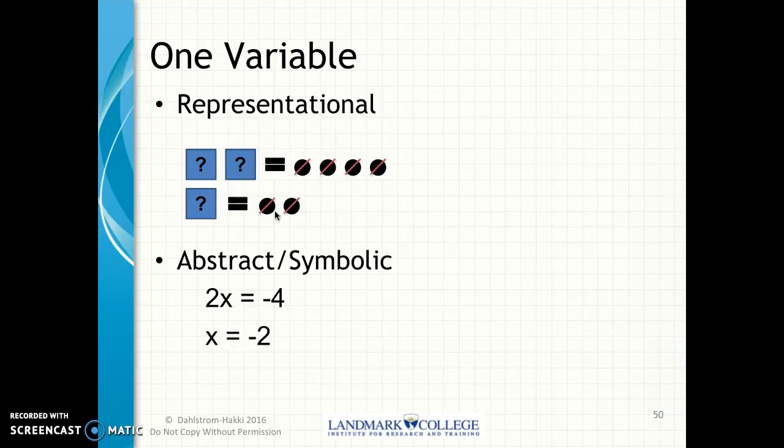And that can then be bridged onto a fully abstract symbolic representation. So here I have 2x, and that represents my 2 unknown quantities, or my 2 hidden eggs. And I know that these 2 x's are equal to -4, so these negative objects that I have.